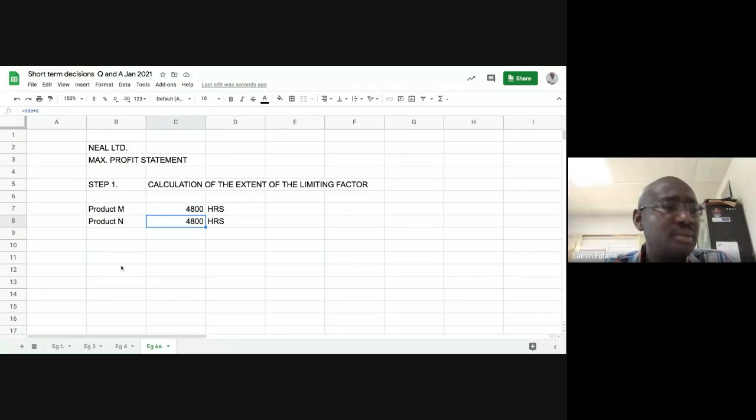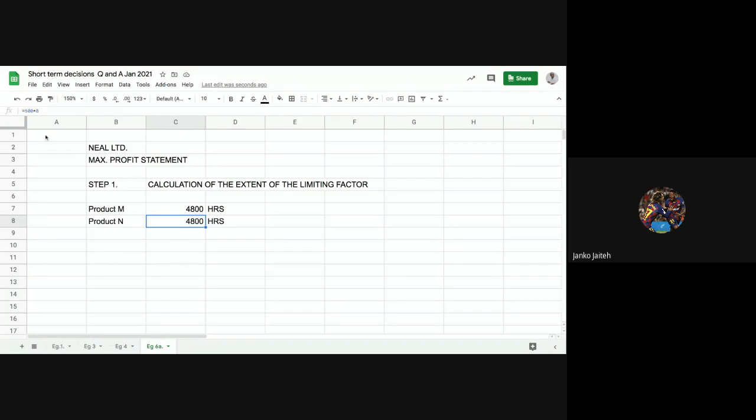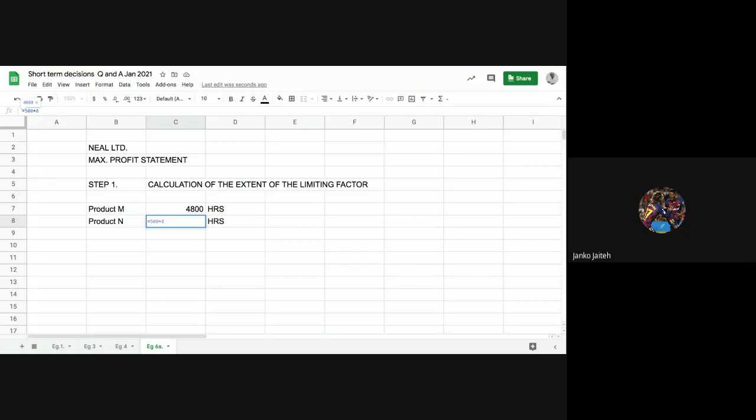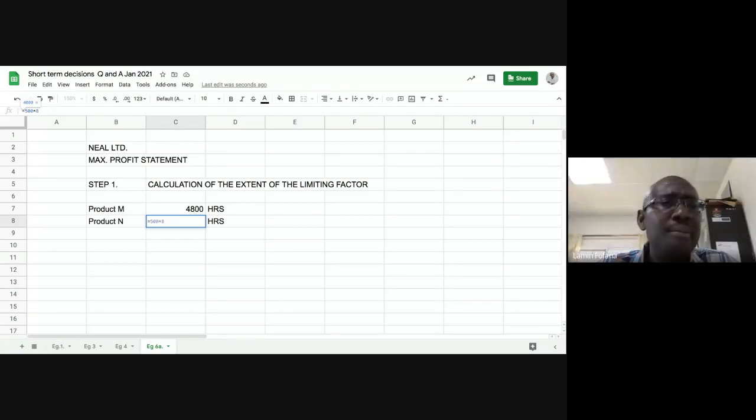It's 500 units. 500 times 3. Exactly. For product N, our budgeted units are 500, and we need 3 machine hours to produce 1 unit.